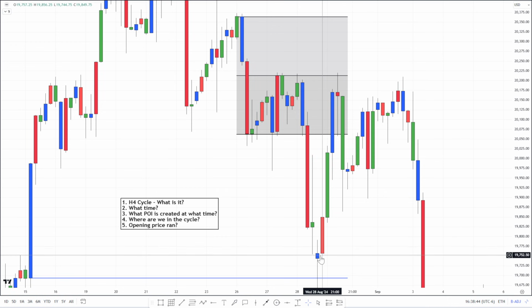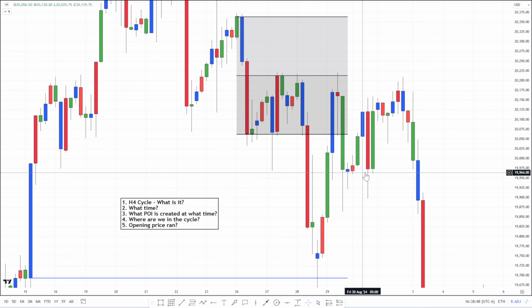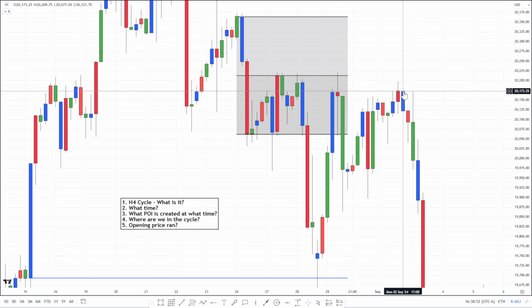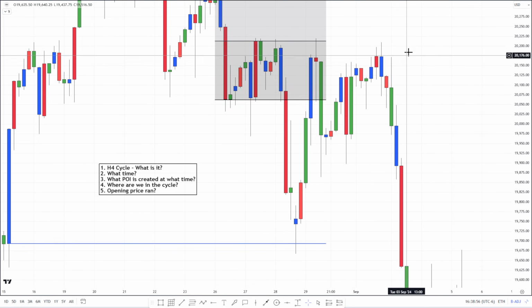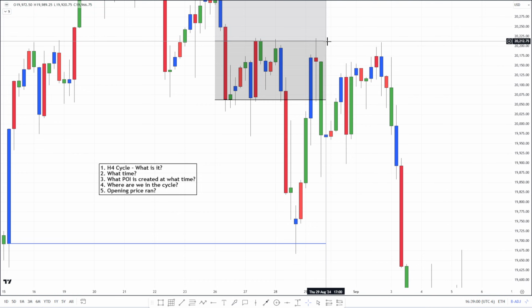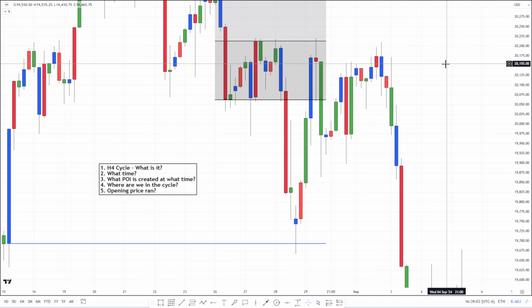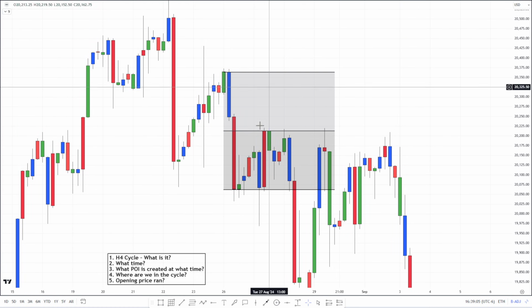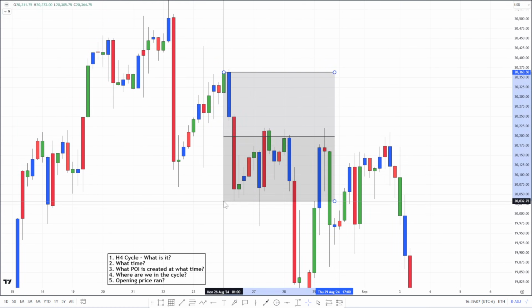Candle body, candle body, candle body, candle body. Wicks are going to do the damage. We know that. Candle body, rebalancing, and then a move lower. And we just don't quite make it to the 50% line this time. If we use wicks, we do. That's the benefit of using wicks.